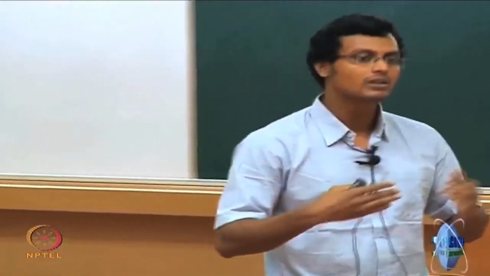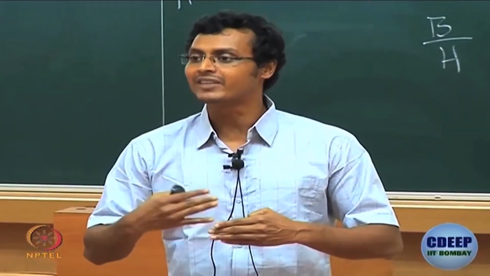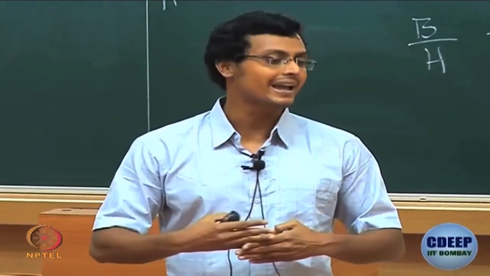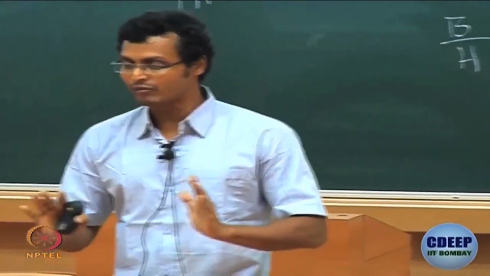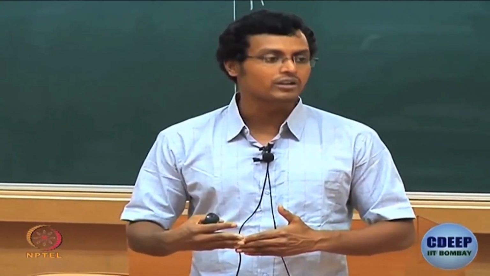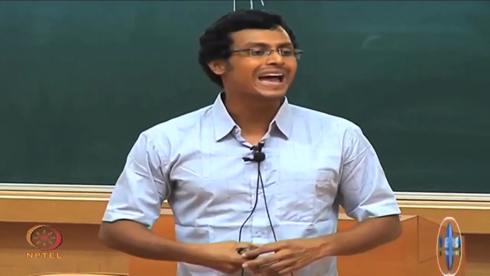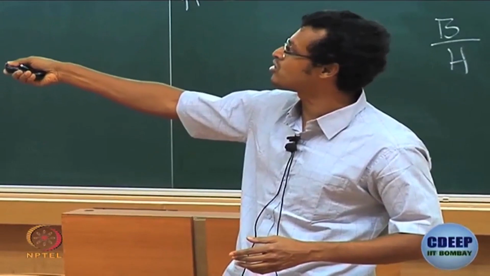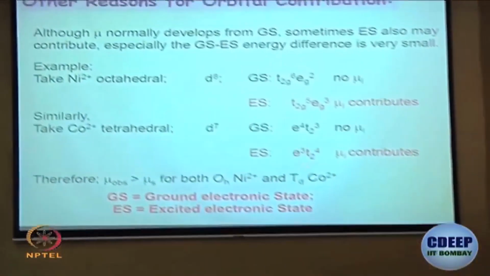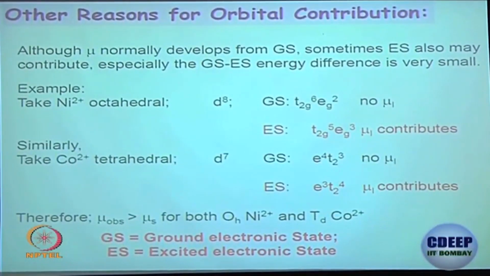Then of course you have to think perhaps the ground state is not contributing, there is a chance maybe in the excited state. So under normal conditions, if you cannot explain what's going on, then you are open to include the excited state. Same over here, e4 t2 3 should not have any orbital angular momentum. Now in the excited state e3 t2 4 you can have it.